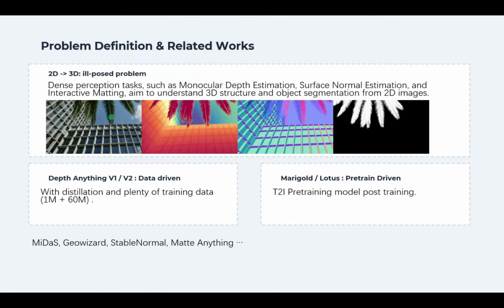Past successful work includes Depth Anything, which uses tessellation and plenty of training data, 1 million real and 16 million pseudo. And Marigold or Lotus use a T2I model for post-training. Others include MiDaS, GeoWizard, StableNormal, Metric Anything, and so on.